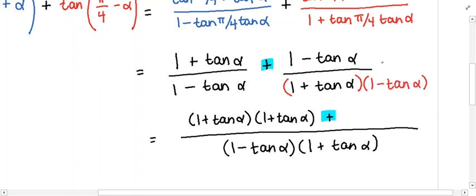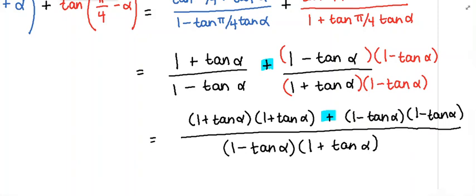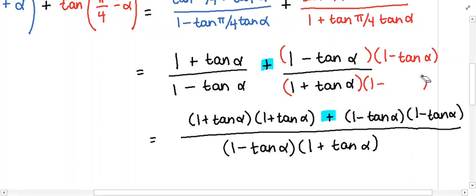If we do that to the bottom, we have to do it to the top. So the numerator is going to end up being 1 minus the tangent of alpha times 1 minus the tangent of alpha. That gets us everything combined into one fraction here.